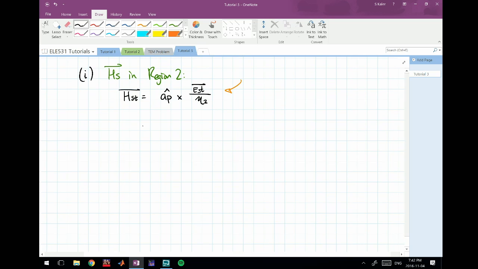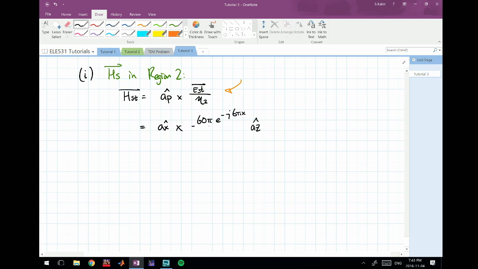So AP is AX because it's propagating in the positive direction, because it's transmitted, so it must be propagating in the same direction. EST is 60 pi e to the minus j 6 pi x in AZ.